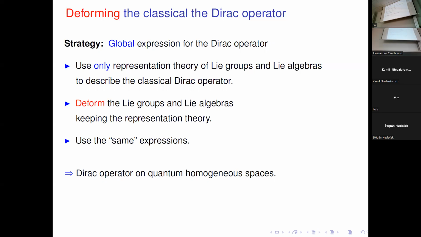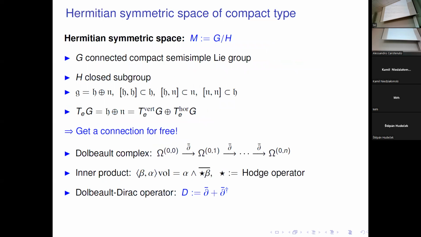So what we deform are Lie groups and the associated Lie algebras, and then we consider quantum homogeneous spaces. And the Dirac operator, which we will construct, has essentially the same expressions, but we use our invariant vector fields as derivations, put them in the formulas, and then we get the Dirac operator on certain quantum homogeneous spaces, not on all, on the good ones.